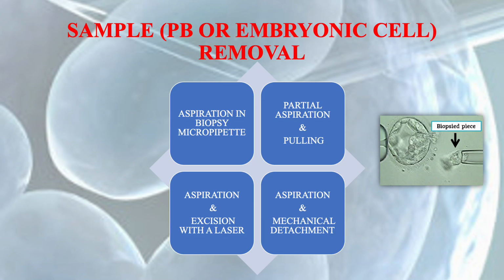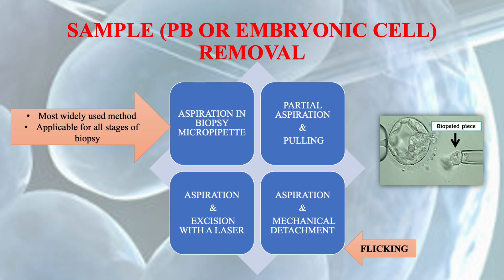Fourth one is the aspiration and mechanical detachment. Aspiration in the biopsy micropipette is the most widely used method, and it is applicable for all stages of biopsy. Aspiration and mechanical detachment is also known as flicking.